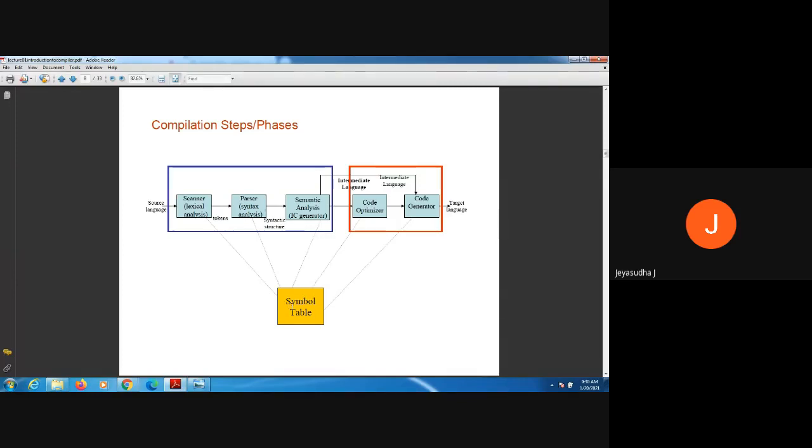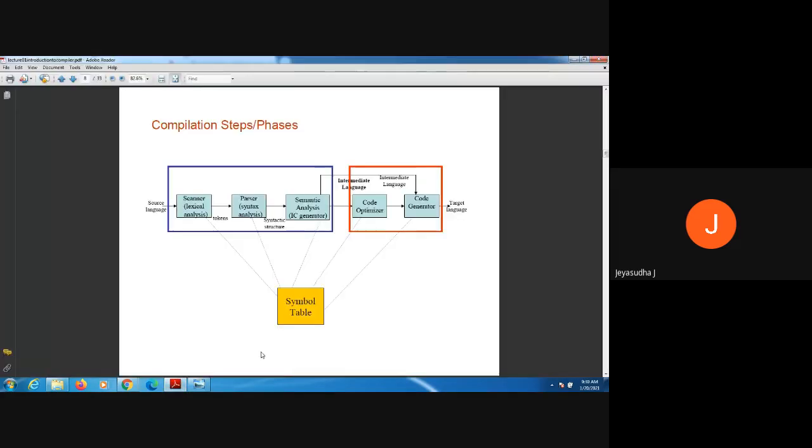We have something called a symbol table, so it will be the continuation of that. All these phases of the compiler are related to the symbol table. Okay, so this symbol table part you will be learning in the later part of the fifth unit. Okay, so this is how it has been done.